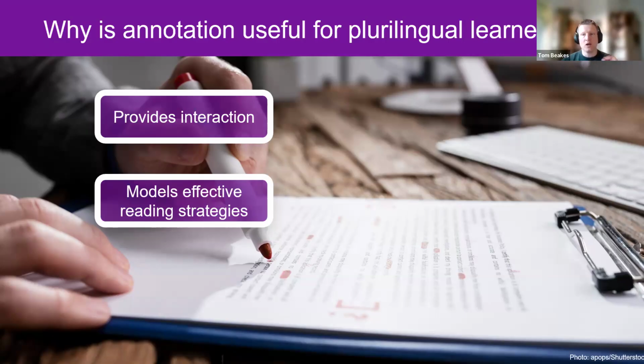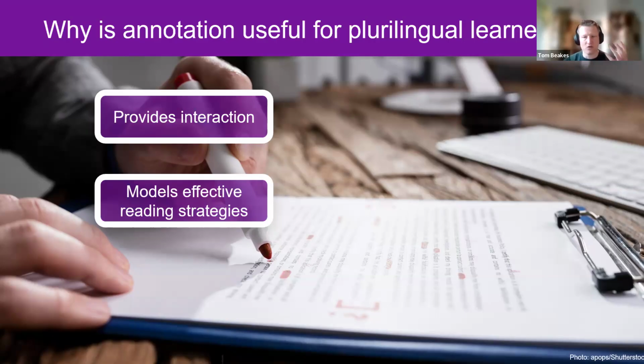Or we might want to model annotation techniques that we want them to continue using independently as study strategies or self-study strategies, so things like note making. And this modeling will be useful for all our learners, but for our language learners, there might be particular types of modeling that are more beneficial.